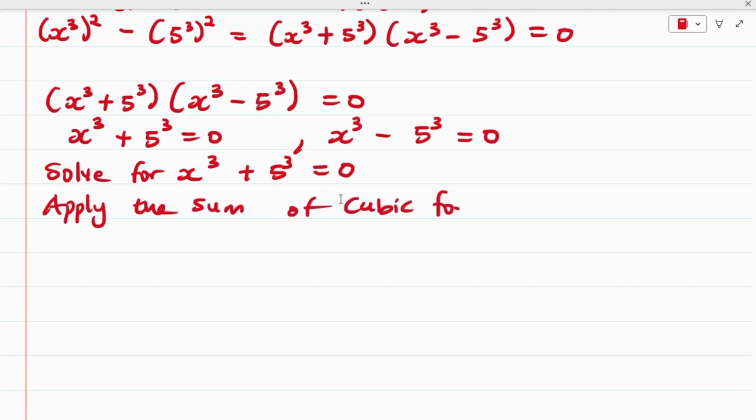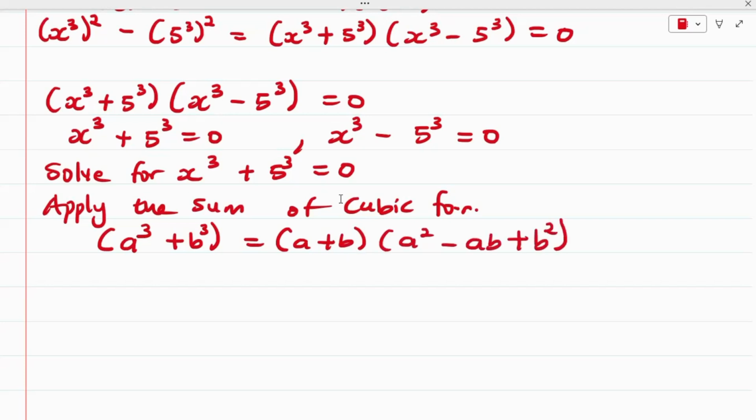Applying the sum of cubes formula, which states that if we have a raised to the power of 3 plus b raised to the power of 3, it is equal to a plus b multiplied by a square minus ab plus b square. So applying this formula to x raised to the power of 3 plus 5 raised to the power of 3, we have x to be a and 5 to be b.